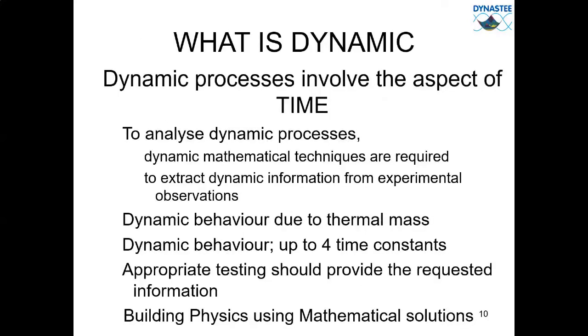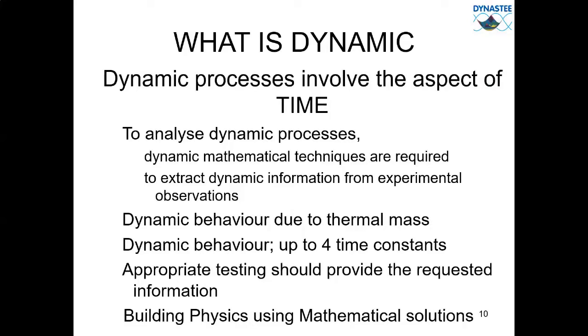Before going into detail, I have to mention some aspects related to this presentation. Some brief explanation about dynamic, experimental testing, and the energy performance of buildings. Dynamic processes involve the aspect of time. To analyze dynamic processes, dynamic mathematical techniques are required to extract dynamic information from experimental observations.